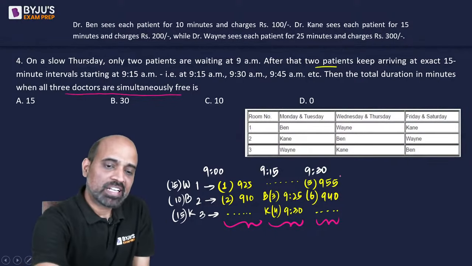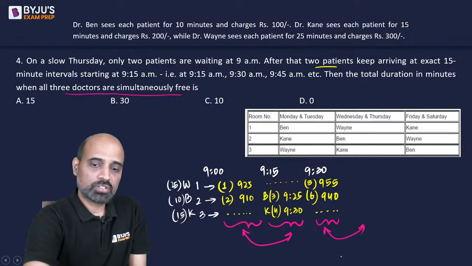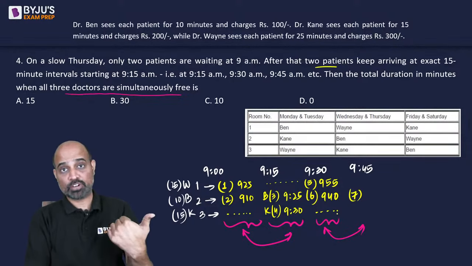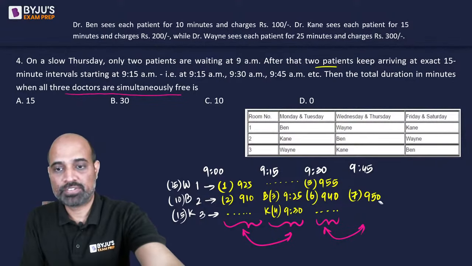If you pay a little attention, can we say that this same pair is going to continue every time? Look at what is going to happen. From 9:45 to 10 o'clock, patient number 7 will now enter Ben's room because he is free by 9:40. So at 9:45 he will see the 7th patient, which is going to be up to 9:55.